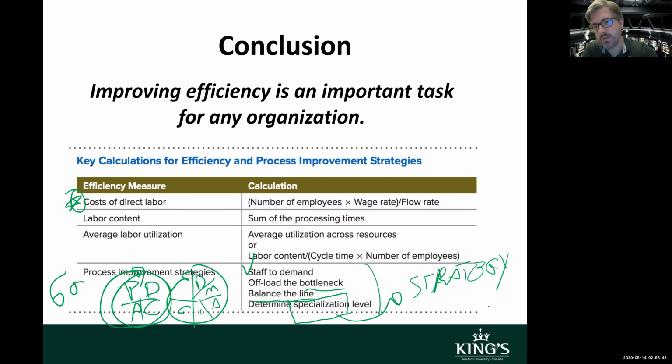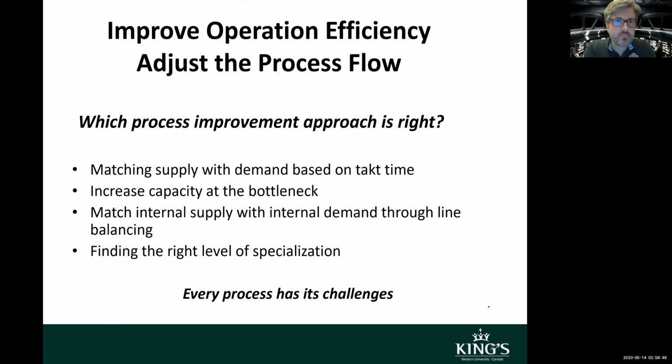Remember, these things might be operational, but they may also be strategic. Strategy. So operations is the enabler of your strategy. So which one of these approaches is right? You're matching supply with demand based on takt time. So move as close to make to order as you can.